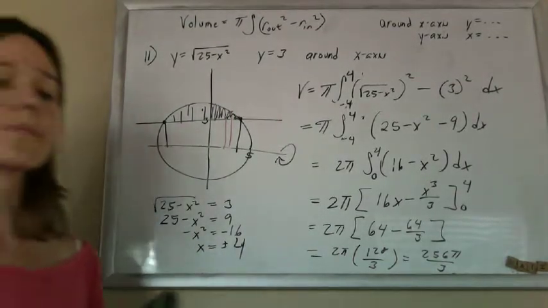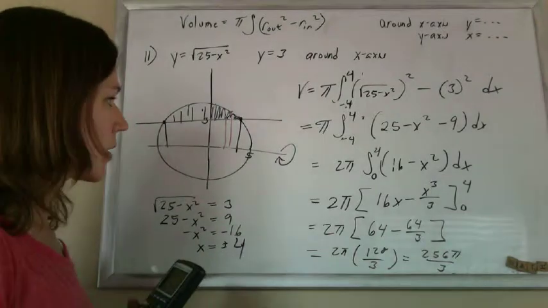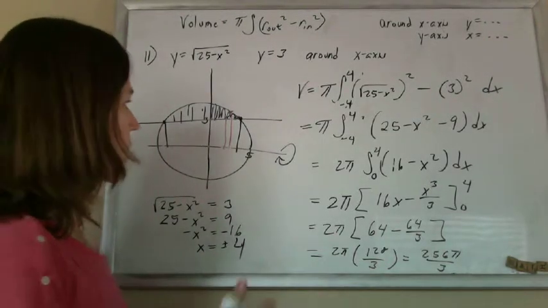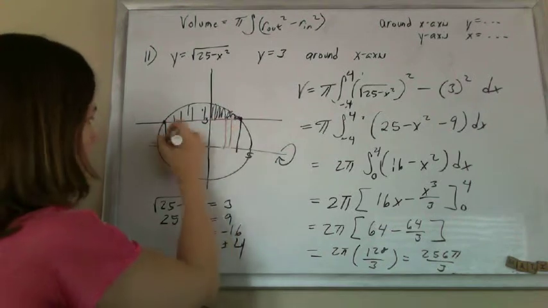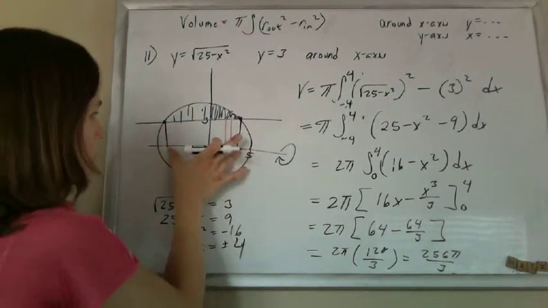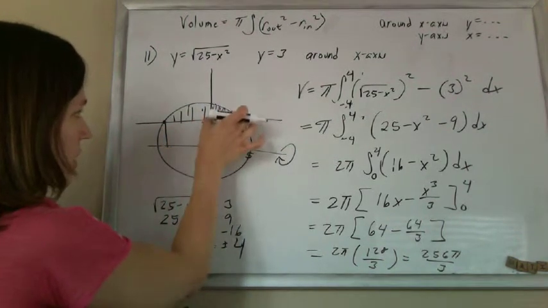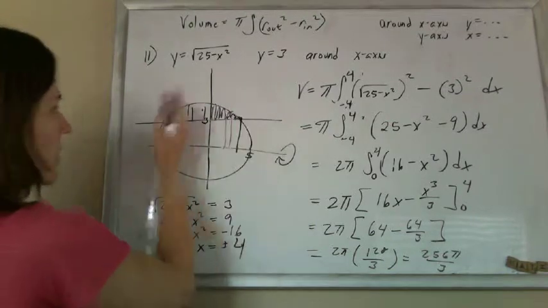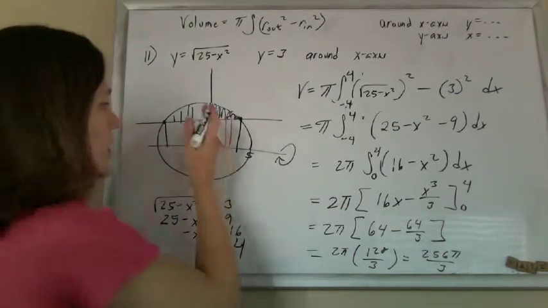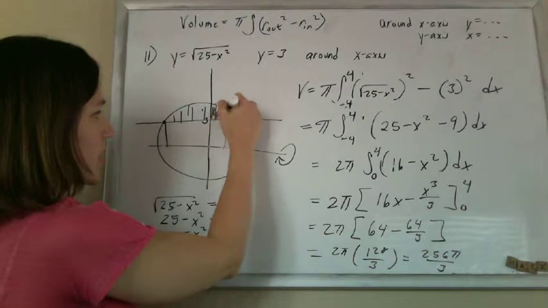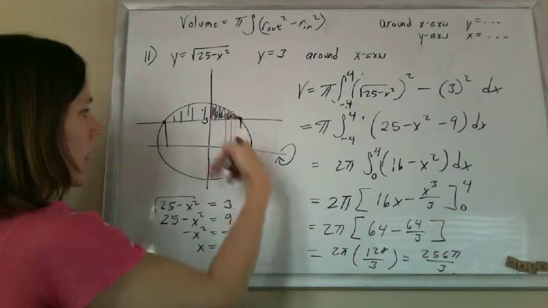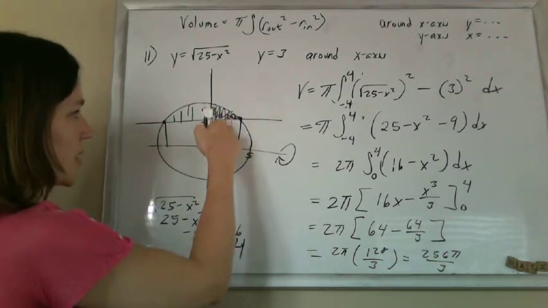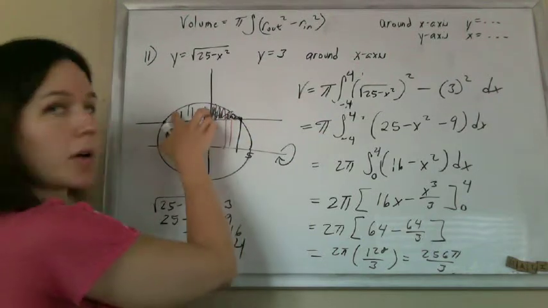Why did it go from -4 to 4 to 0 to 4? Because I still decided to take the shortcut instead of doing the whole thing. I just took this part, spun it around, and doubled it. From 0 to 4, just this half. And because it's nice and symmetric, as my picture shows, this other part would be the same.